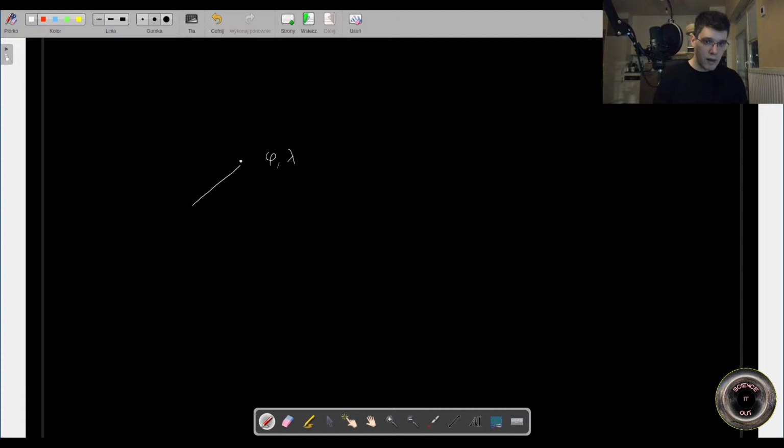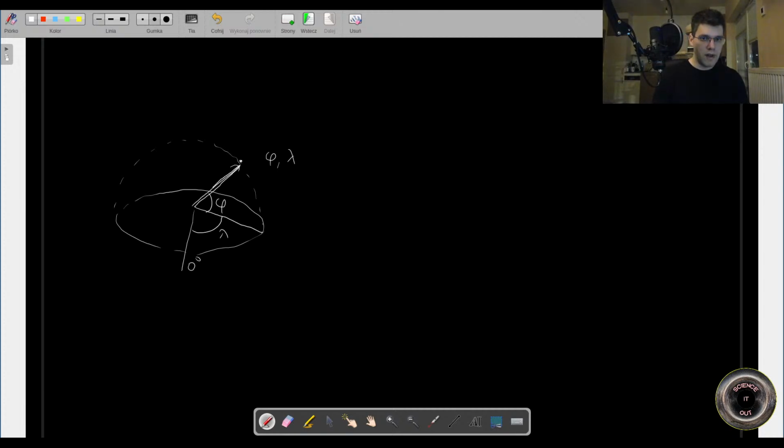So if this is the equatorial plane, then this is the latitude, and if this is 0 degree longitude, this is the longitude, right? Okay, I drew this badly, but anyway.